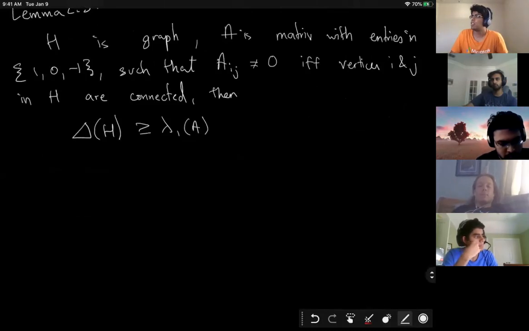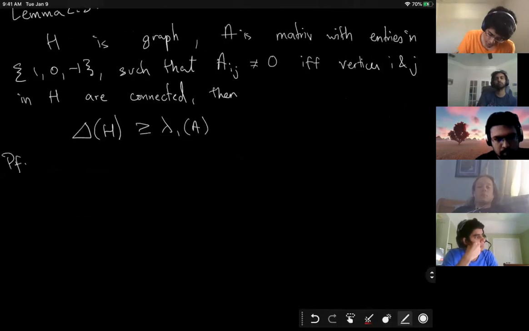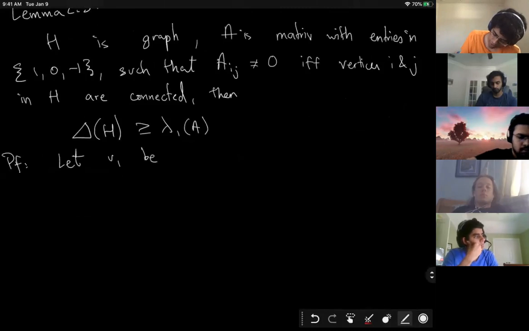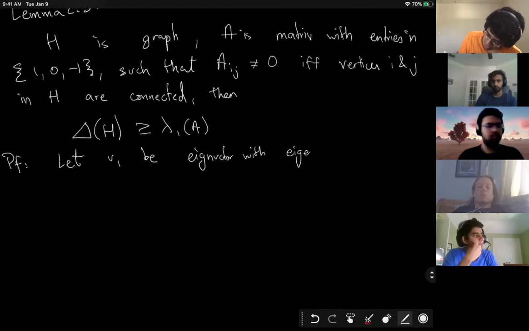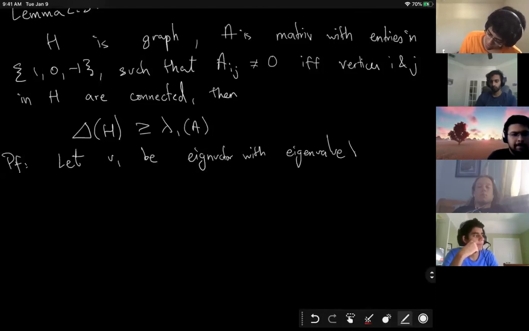Okay, so the proof. Let V1 be an eigenvector with eigenvalue λ1.